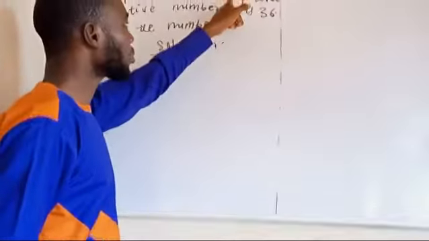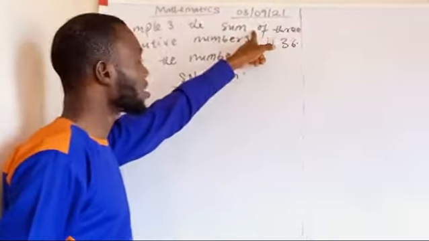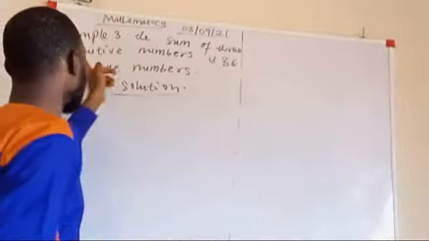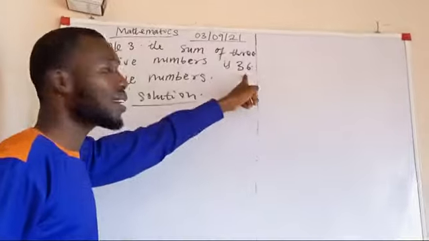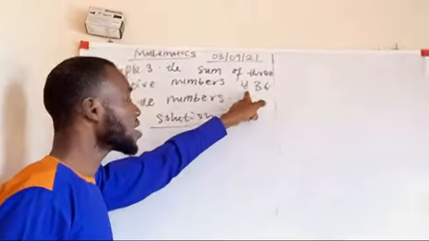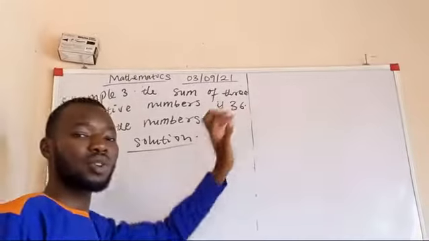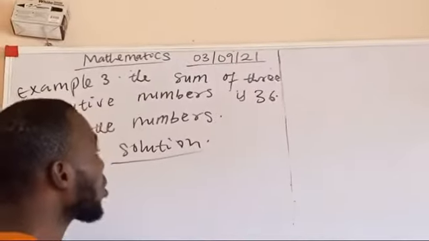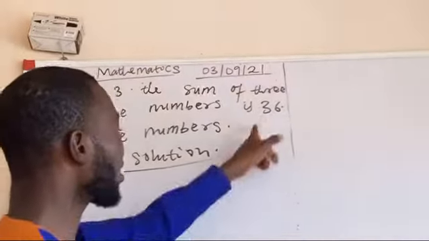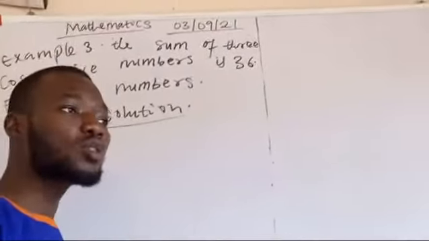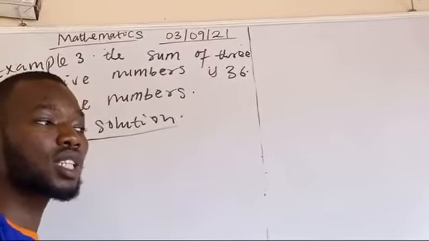We have the sum. In mathematics and word problem, sum means addition. So that means we are going to add. The sum of 3 consecutive numbers is 36. The word "is" will now be representing equals to. So anywhere you see "is", you are going to put equals to. Find the numbers. We don't know the numbers, so you use any letter to represent the number.